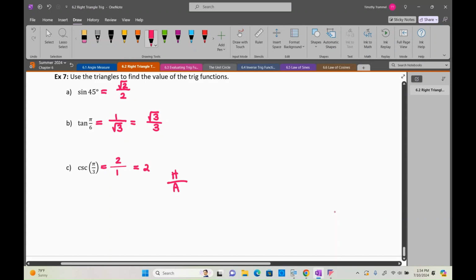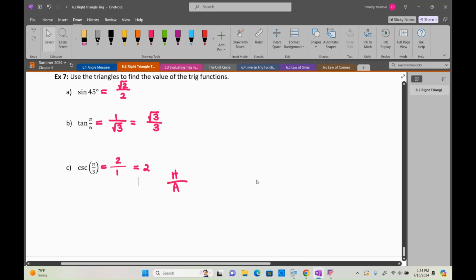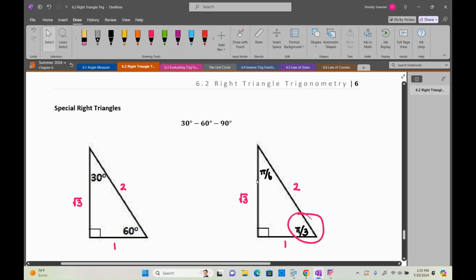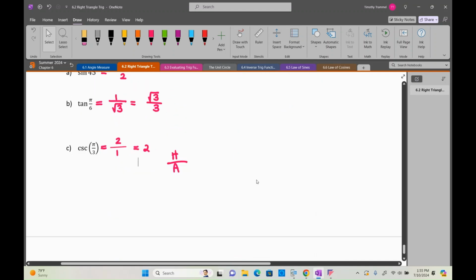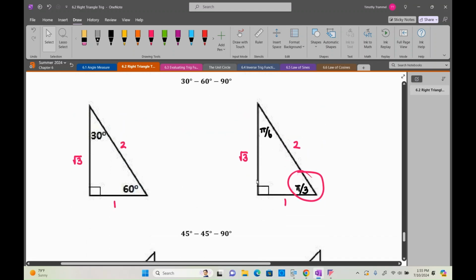And this makes sense. Sine of, let's see, does that make sense? Sine of π/3. Did I mark that right? Let's go back up and just double check here once more. So the hypotenuse, we said was 2. And the adjacent side was 1.